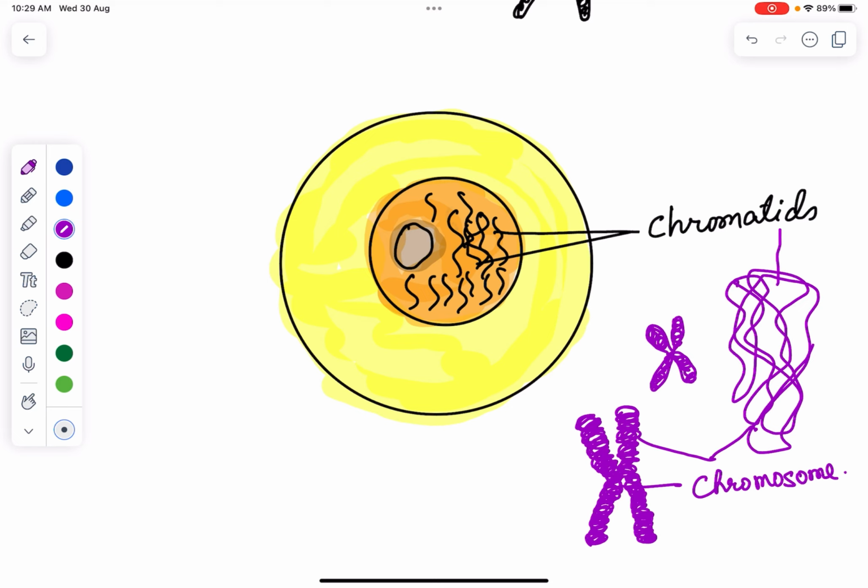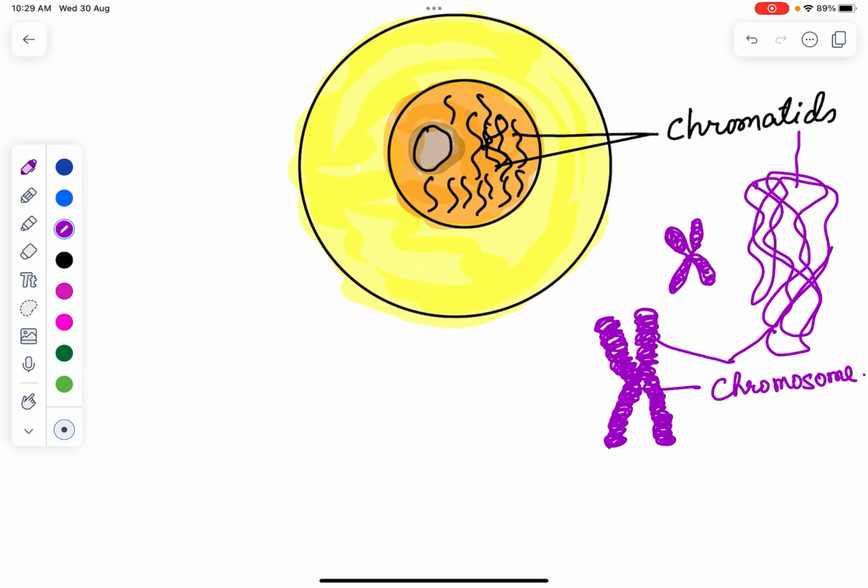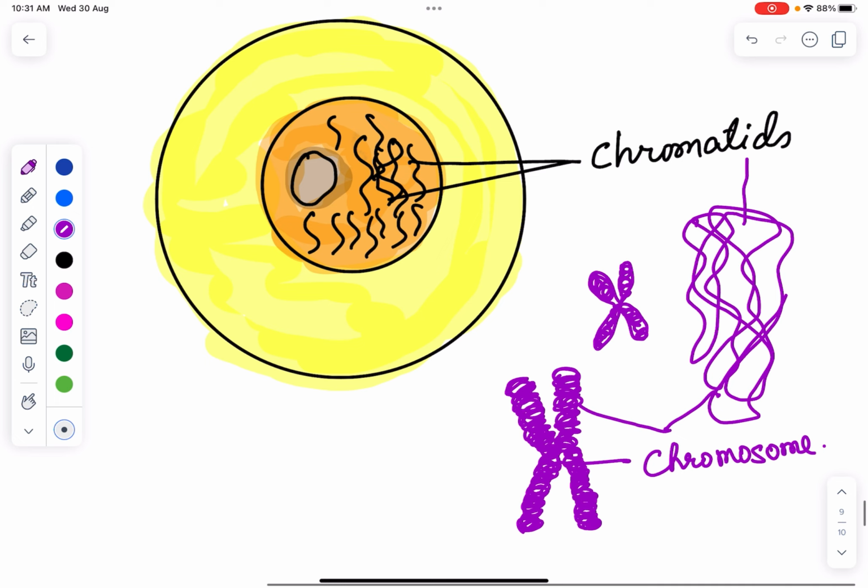It is a thread-like structure, so that's why it is called chromatids, and these threads get coiled and form chromosome. Now the next question is, what are these threads or chromosomes, to be precise, made up of? What are the components of these chromatids or chromosomes? So till here we have understood.